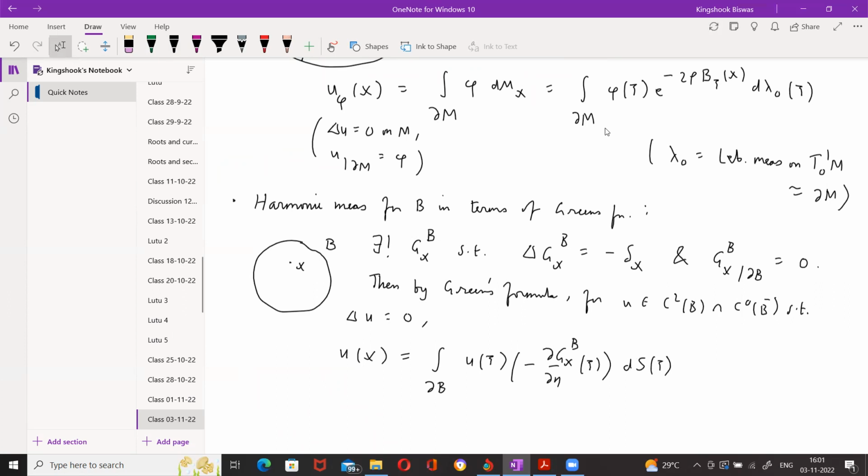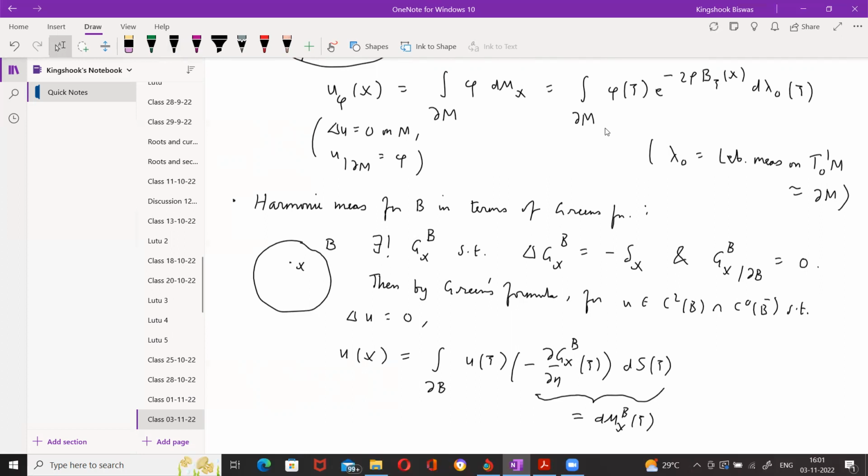So this thing together is the measure d mu x b of psi. So the harmonic measure is given by minus the normal derivative of the Green's function with pole at x, into the surface area measure of the sphere.